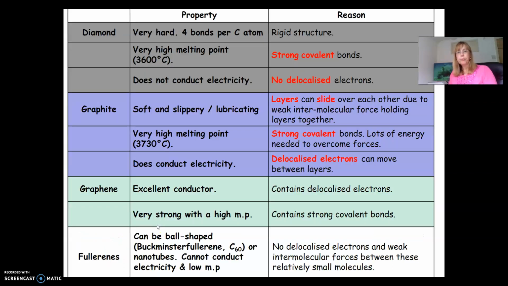So you need to pause the video and read through these different properties of these different substances and the reason why they have those properties. It's important that you can recall this in an exam. It could very well be a 6-marked question.